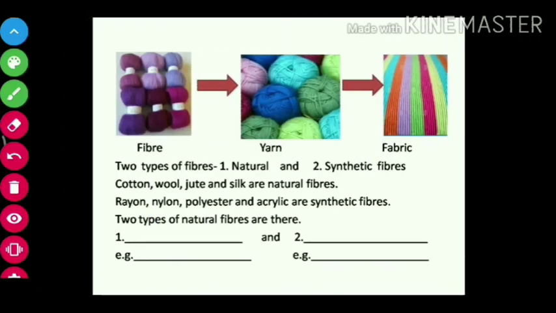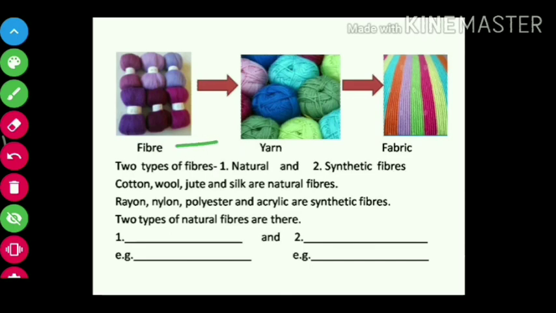There are two types of fibers, natural and synthetic fibers. Natural fibers are what? Cotton, wool, jute and silk. Synthetic fibers are rayon, nylon, polyester, acrylic, etc. Here you are seeing fiber.